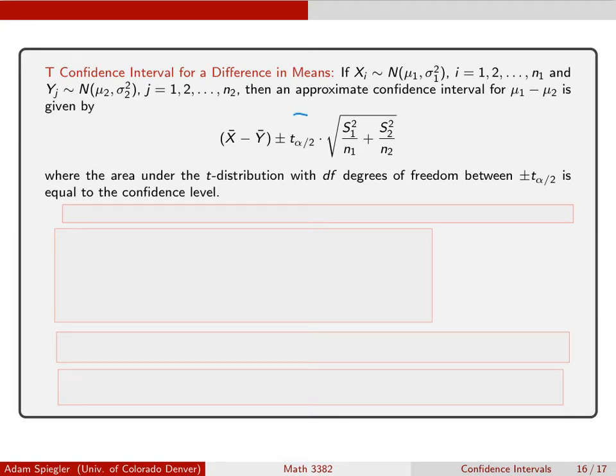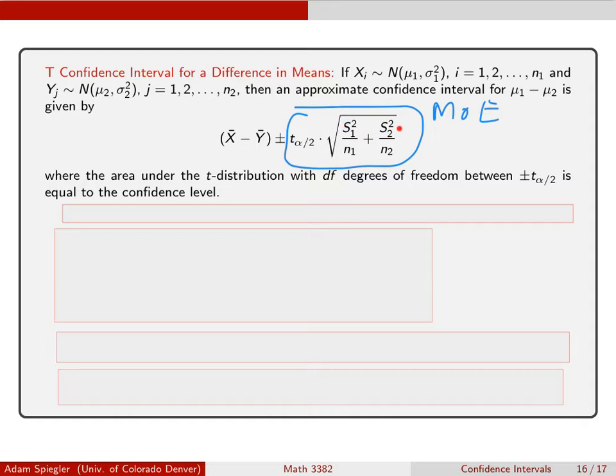Recall that this stuff over here is the margin of error, and we're going to use the fact that the variance we just proved in the previous slide was equal to the variance of the first population over n1 plus the variance of the second population over the sample size of that.